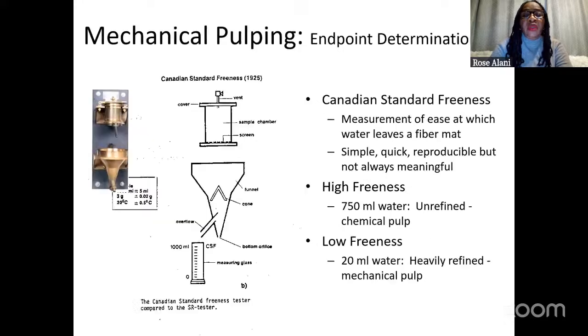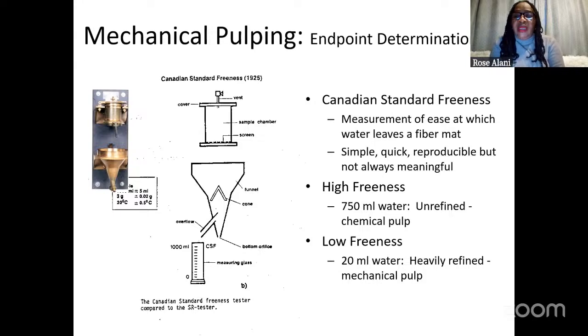So this is the endpoint. You take the pulp, you put it in the equipment as seen here, and you let it flow. The freeness is a measure of how easily the water leaves the fiber. So high freeness shows that the pulp is not okay yet, so you have to put it back for pulping.